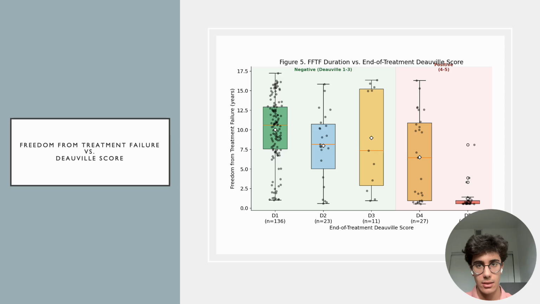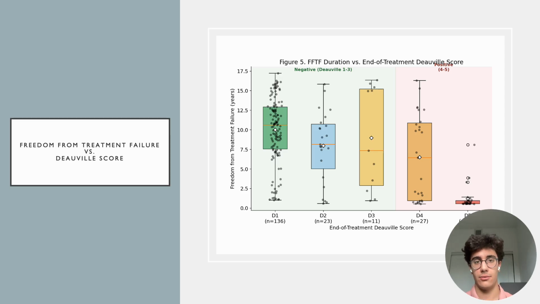Now, this is a plot of patients' freedom from treatment failure in years, grouped by their Deauville score, with individual patient points scattered on top. The negative scores, 1 to 3, are in the green region on the left, and the positive scores, 4 and 5, are in the red region on the right.